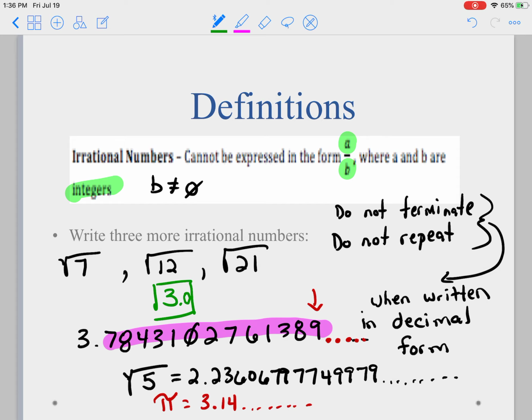Well, that 0 doesn't add any value, but it does create a terminating decimal. And a terminating decimal, as you know, is a rational number, and rational numbers also include integers, whole numbers, and natural numbers. So in this case, this would not be considered an irrational number. Irrational numbers are a completely separate set of numbers.